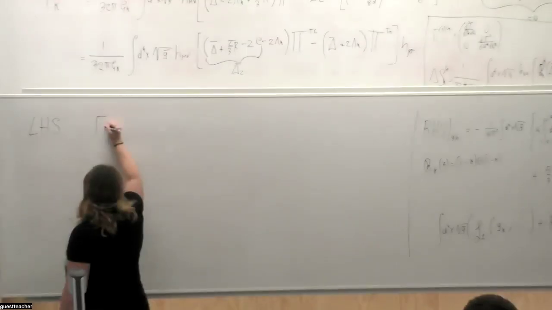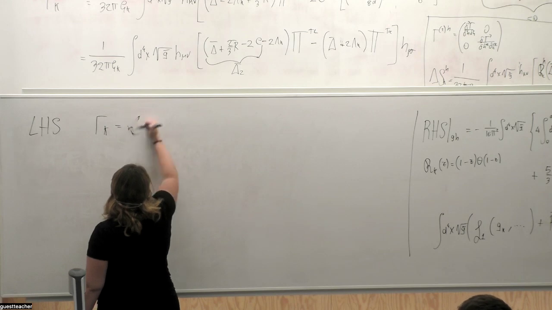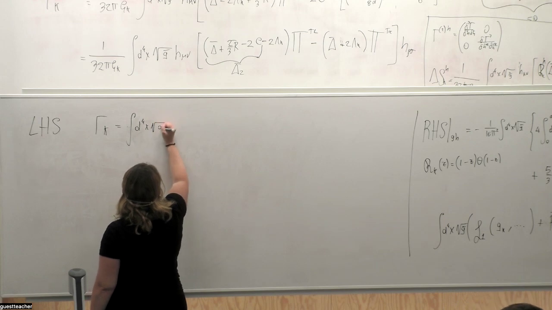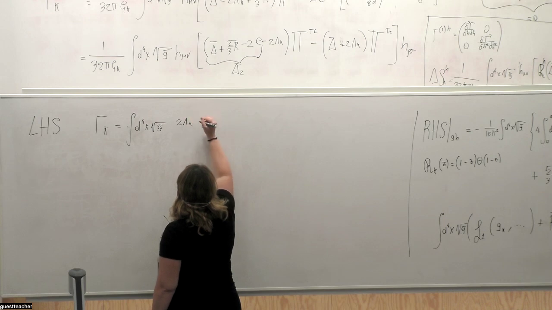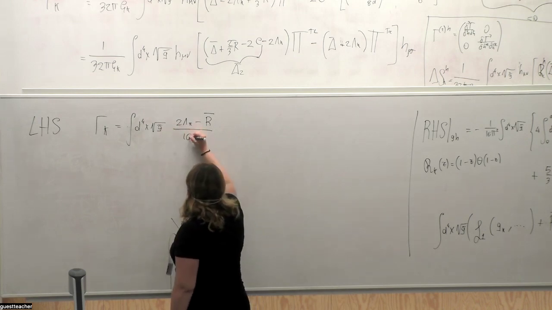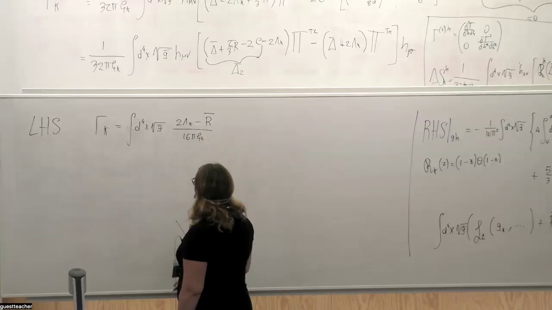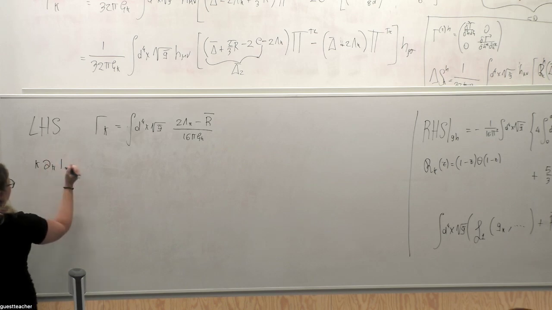But Gamma_k is just 1 over, let me write it this way, so we have an integral over space-time, and then we have 2 Lambda_k minus R bar, because now we are computing stuff on the background, so at zero fluctuations, and the 16 pi G_k. So when I hit the effective average action with the k derivative, what do I obtain?